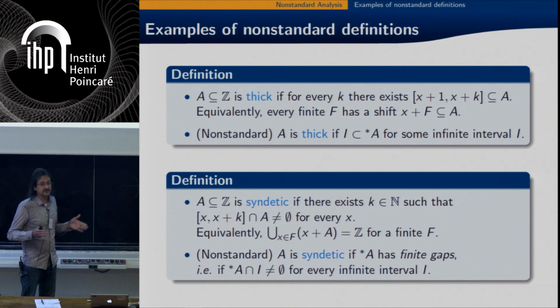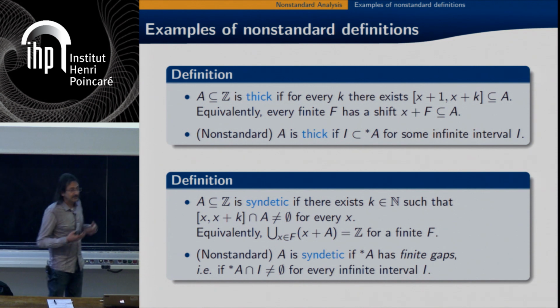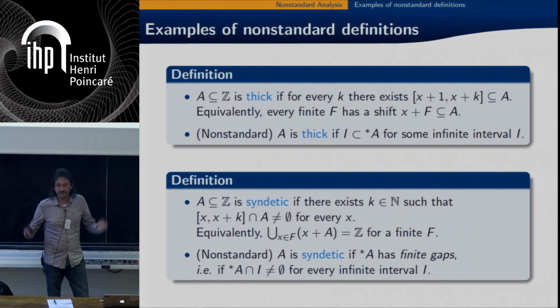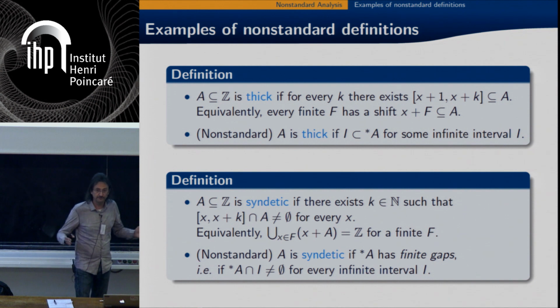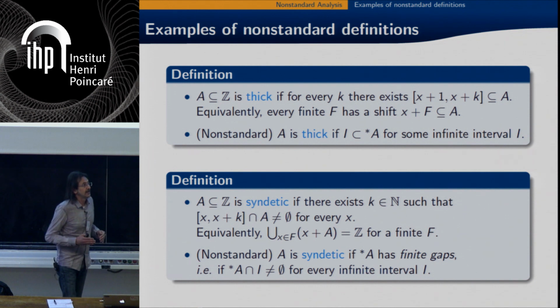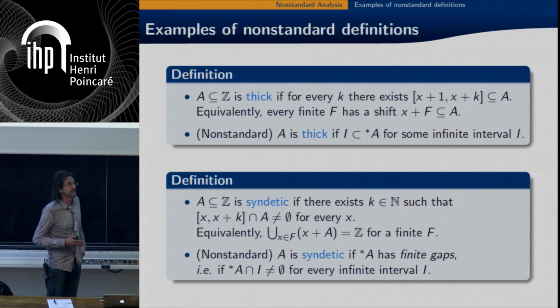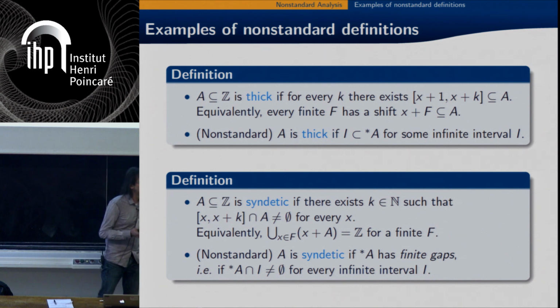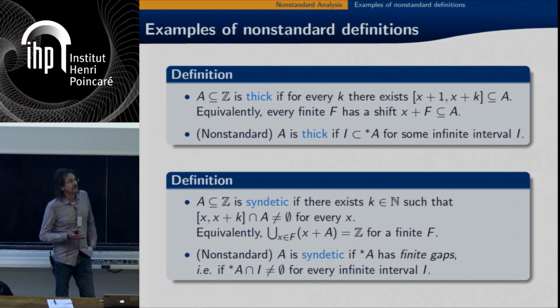A thick set is a set of integers containing arbitrarily large intervals. And in a non-standard setting, one simply says that there is an infinite interval, meaning an interval where the two edges have infinite distance.